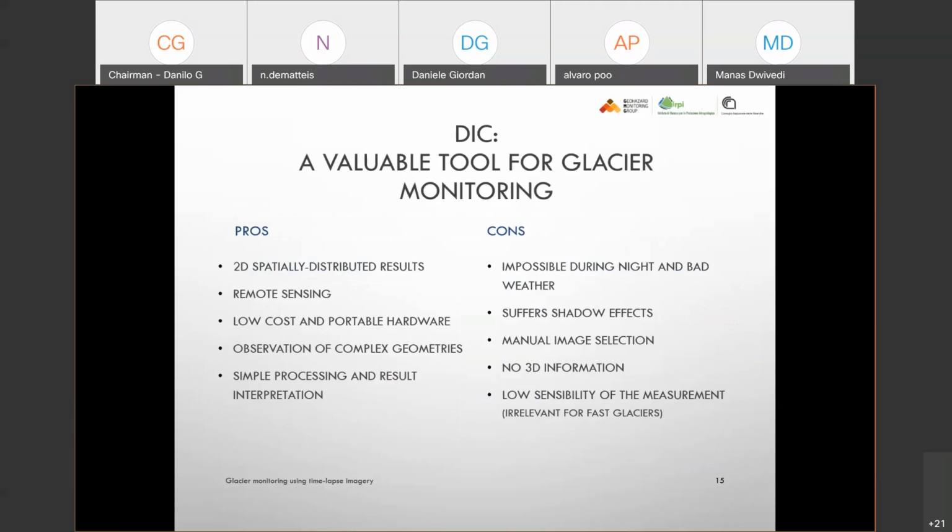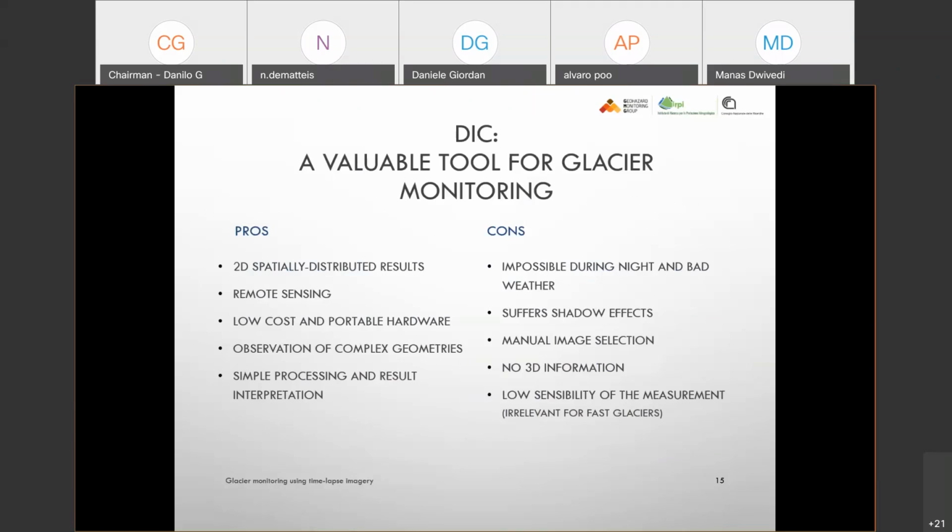Digital image correlation is a valuable tool for glacier monitoring because it requires hardware that is very low cost and is easily portable. In fact, the very sensor is just a reflex camera.